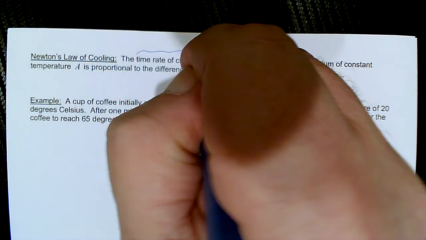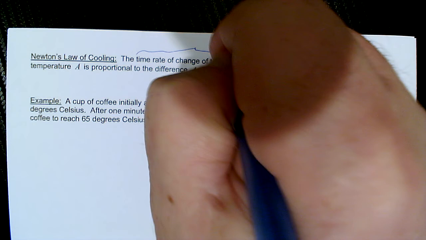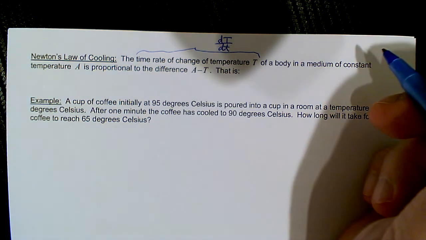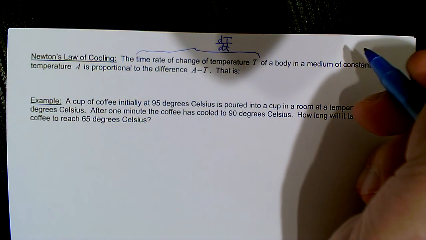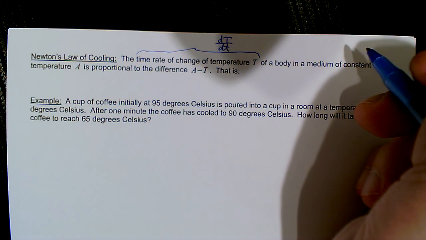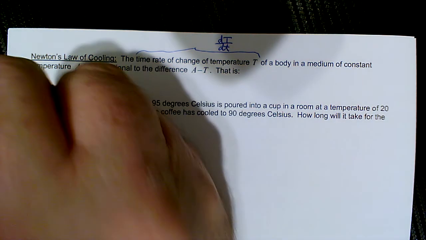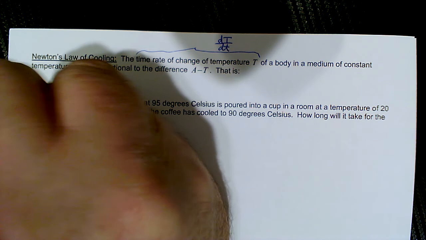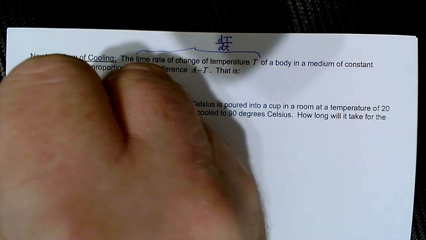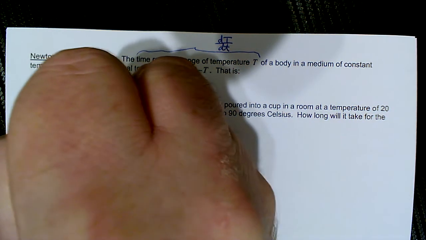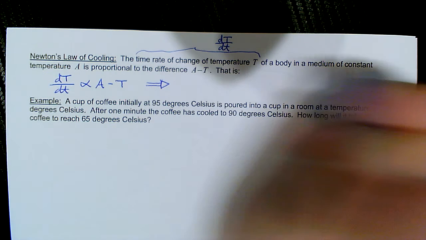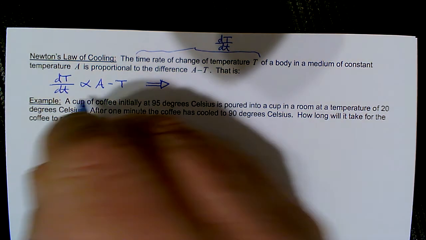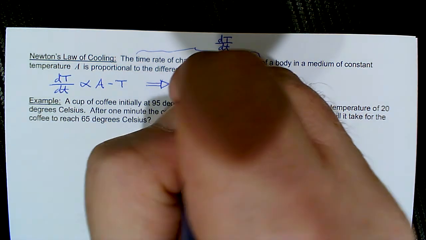When we say the time rate of change of temperature, that is the derivative of uppercase T with respect to lowercase t, so it's proportional to the difference A minus T. But as we saw in our mathematical models, proportionality is just some constant multiple.